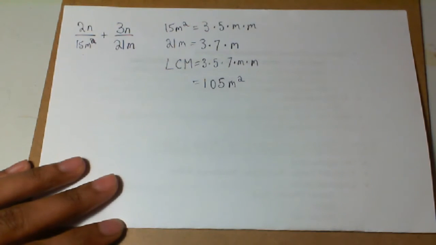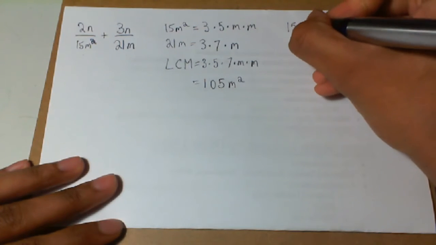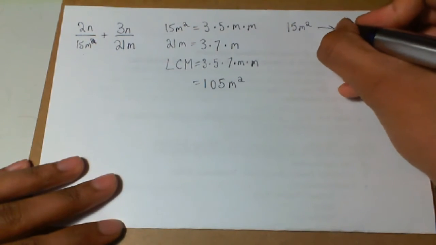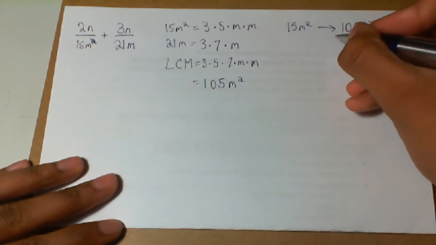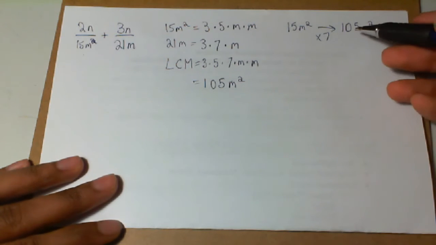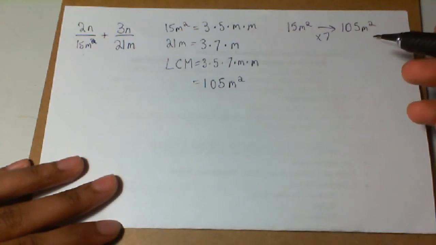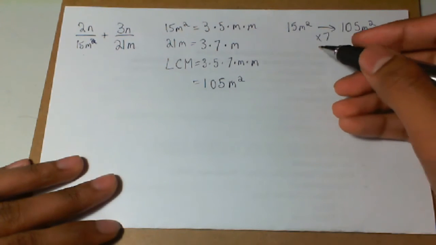We're going to rewrite them right now. For 15m squared, how do we get that to go to 105m squared? Well, we just have to multiply it by 7, right? Because 15 times 7 is 105. You could have done that on your calculator or just in your head: 105 divided by 15, you multiply by 7.